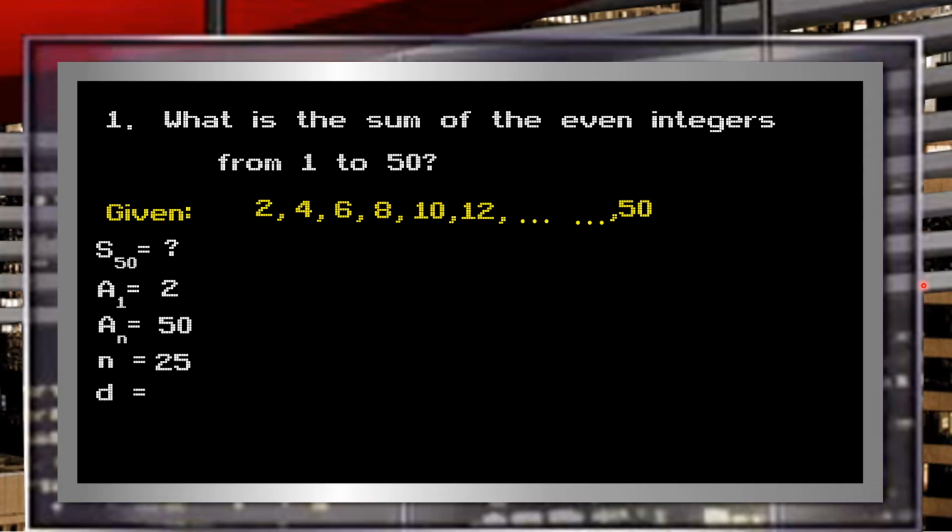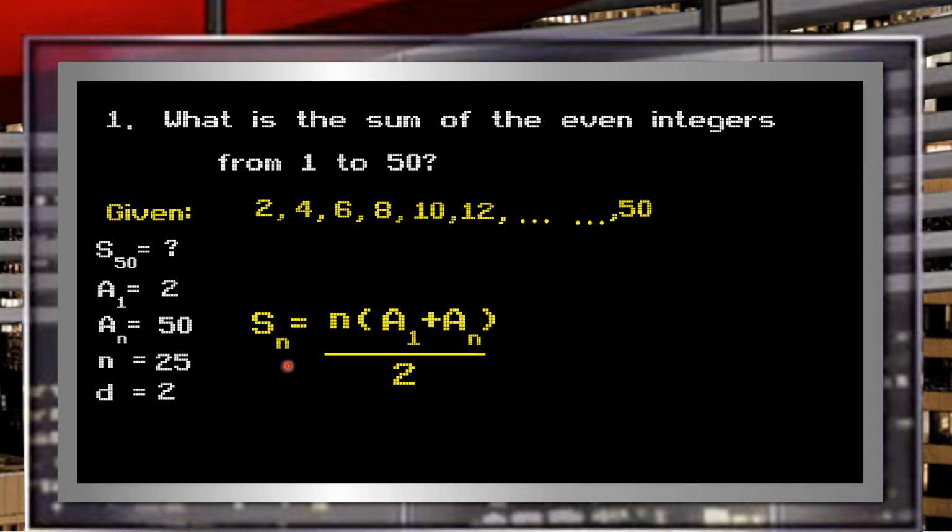And ang difference natin, ano nga ba? 2 to 4, 4 to 6, naging 8, naging 10. Ano nga ba yung difference natin? Right, it's 2. Okay. Now, again, our arithmetic series formula with the last term given. So, yan yon.